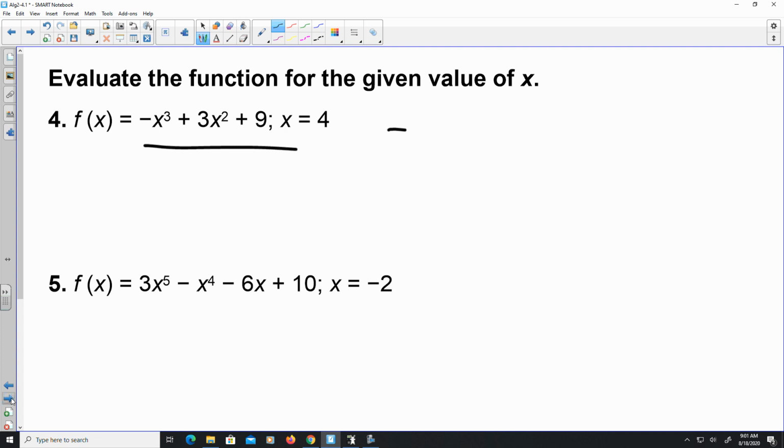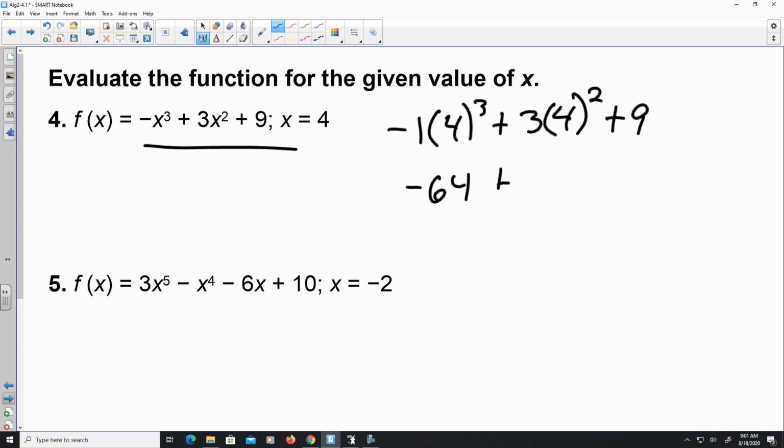Since it's negative x, I'm just going to say negative 1 times 4 to the third power plus 3 times 4 to the second power, and then we'll add 9. So 4 to the third power is 64, but with the negative 1 it's going to be negative 64, plus 4 squared is 16 times 3 is 48, and we'll add 9. So negative 64 plus 48 plus 9 is negative 7.